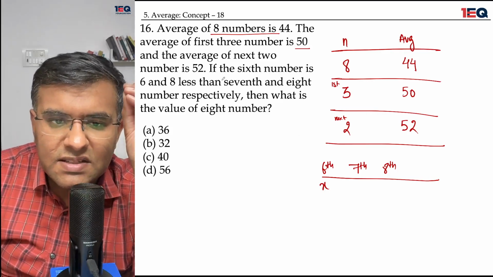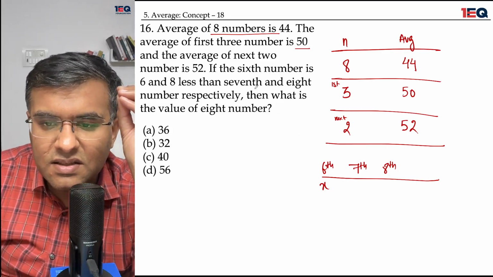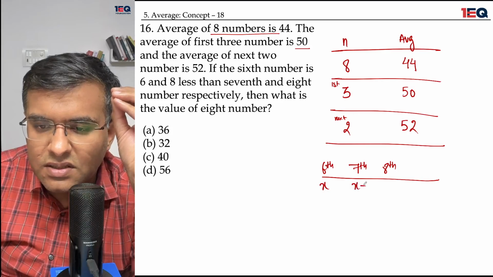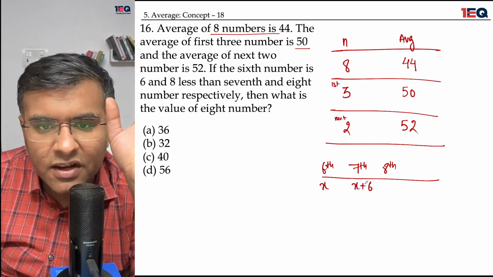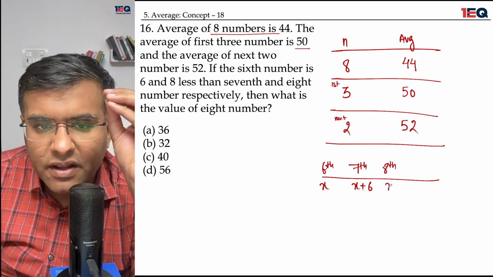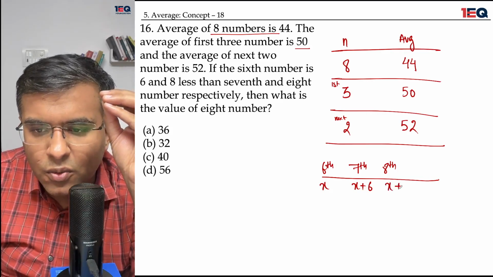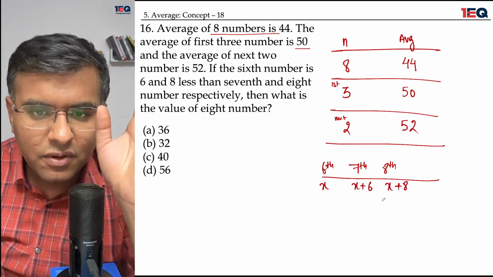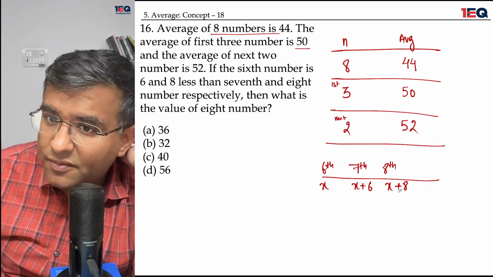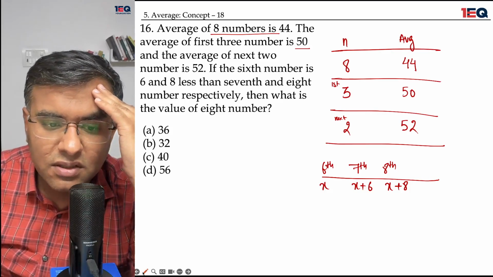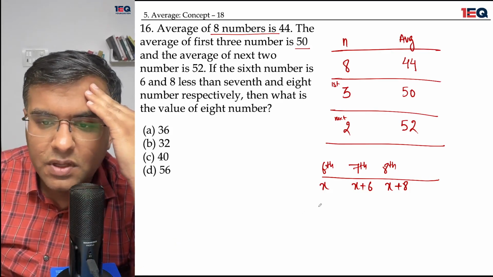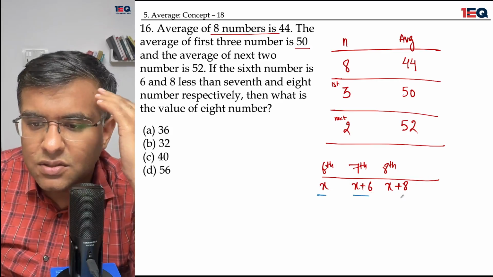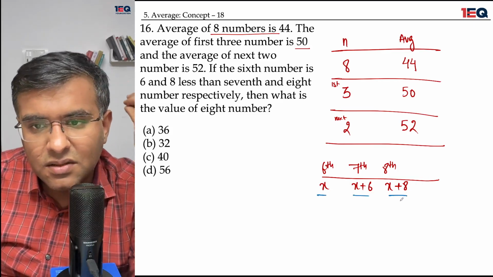The sixth number is 6 less than the 7th. This means if I add 6 to it, I'll reach the 7th number. And if I add 8 to it, then I would reach the 8th number respectively. So this is the main catch.